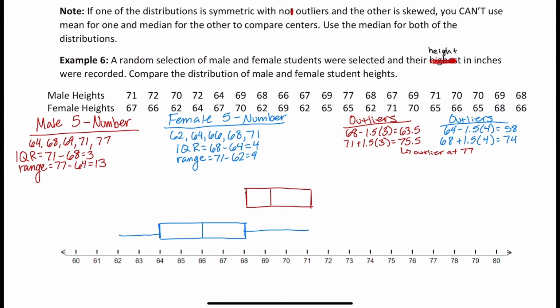We'll draw our line from our Q1 to our minimum, so from 68 to 64, and from 71 to the biggest number that is not an outlier, which is just going to end up being 72, with our outlier being drawn in as a dot.